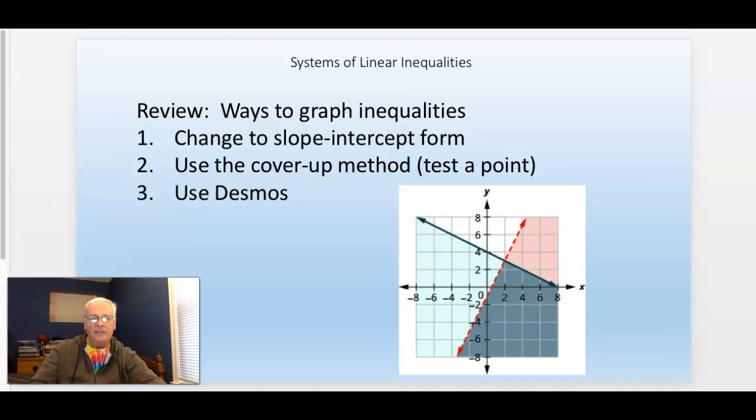And just to review quick, guys, if we want to graph an inequality, how do we do it? We can change it to slope-intercept form. It might already be in slope-intercept form. It's kind of easy to graph then, and it's easy to tell which way to shade.